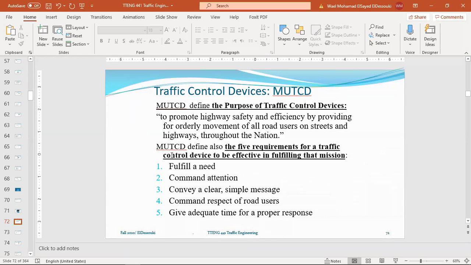For example, you cannot put a sign on a highway or a freeway that the exit from this ramp is just 10 meters before the exit. You need to give the driver a proper distance ahead of time, so that the driver can make a decision on what to do.